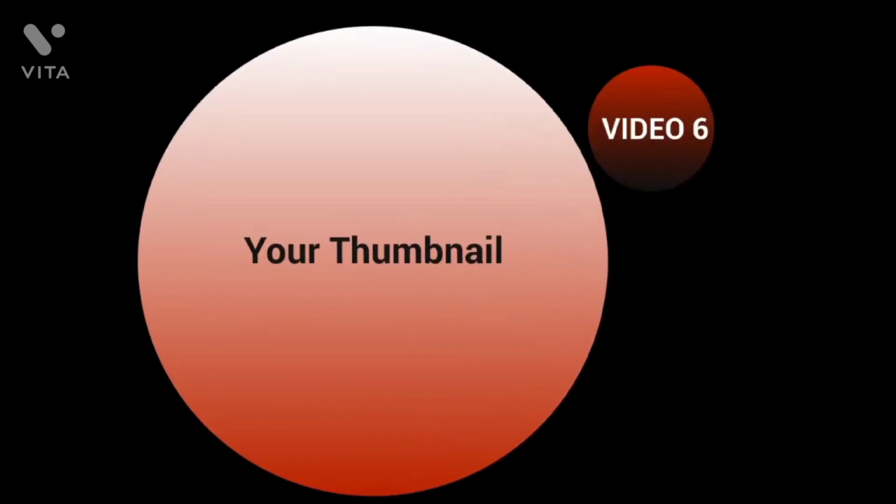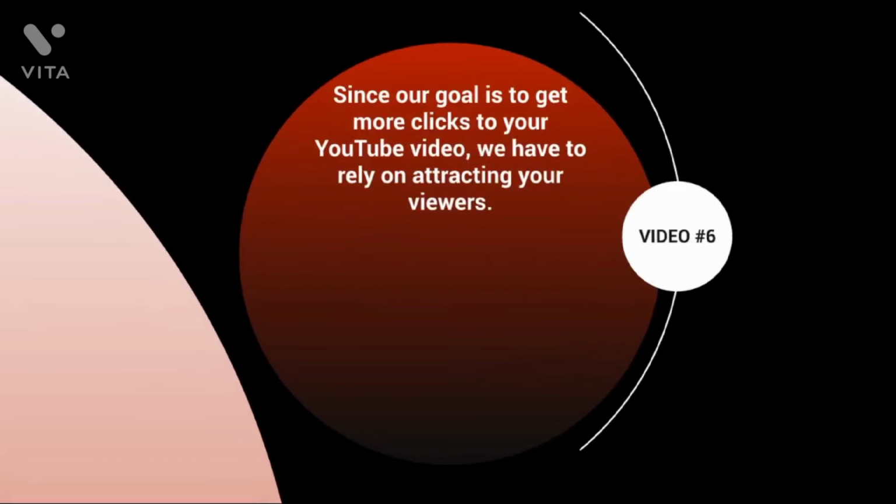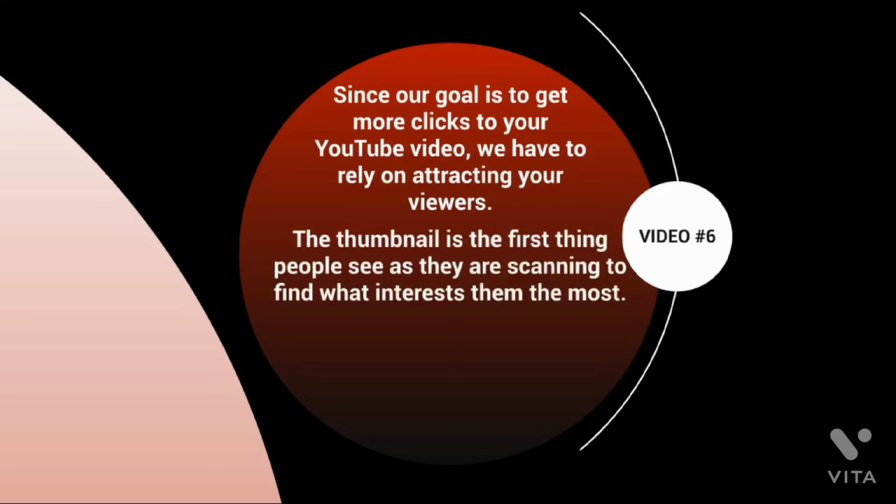Let's talk about your thumbnail and why that is important. You see, since our goal is to get more clicks or more views to your YouTube video, we have to rely on attracting viewers. So if you think about it, the thumbnail is the first thing people see as they are scanning to find what interests them the most.